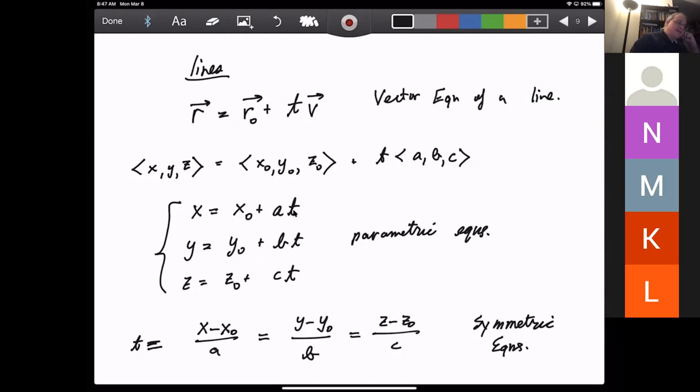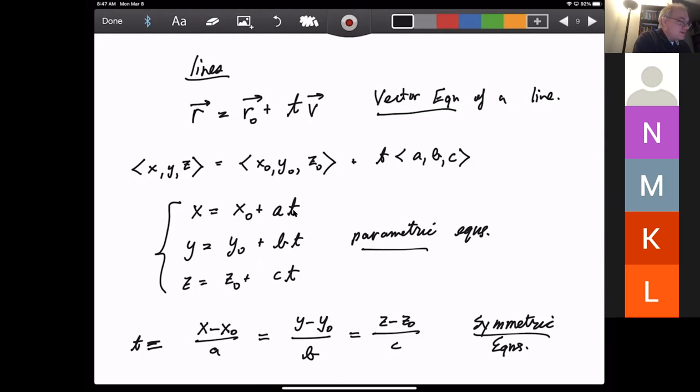And what's important to recognize is that, number one, we have these three different representations. You should know which is which, but you should also be able to go back and forth between them. So the vector equation, the parametric equations, the symmetric equations all contain exactly the same information.